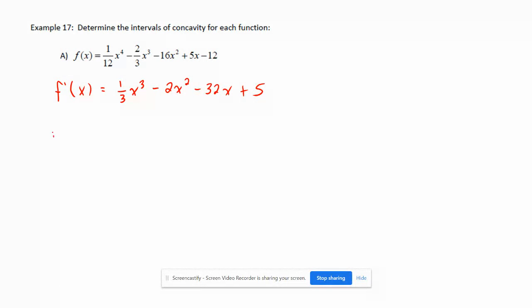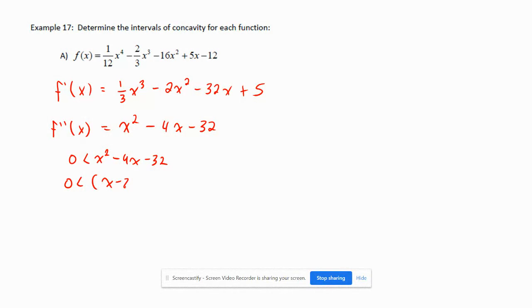Now, let's take our second derivative, f double prime of x. 3 comes down: x squared minus 4x minus 32. Now we need to do a number line analysis on this function. This is going to be a very nicely factorable second derivative, and that was kind of by design for this question.